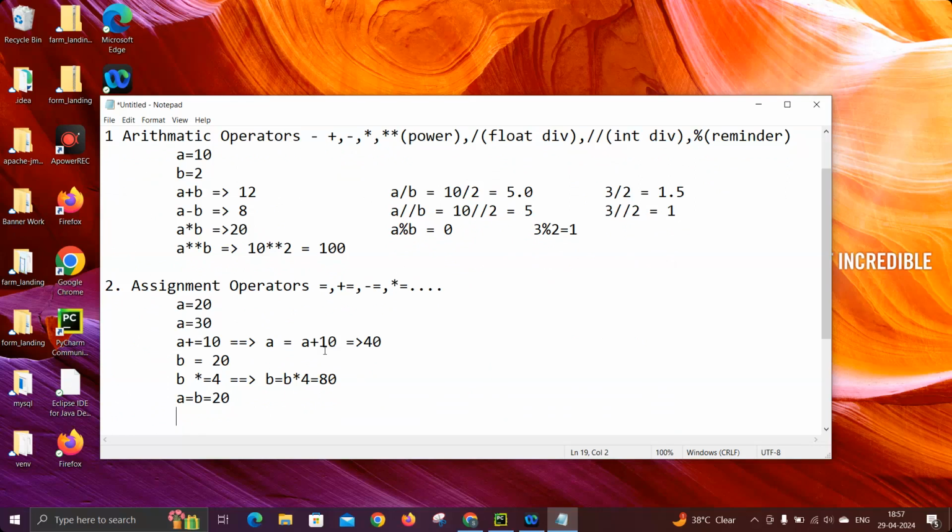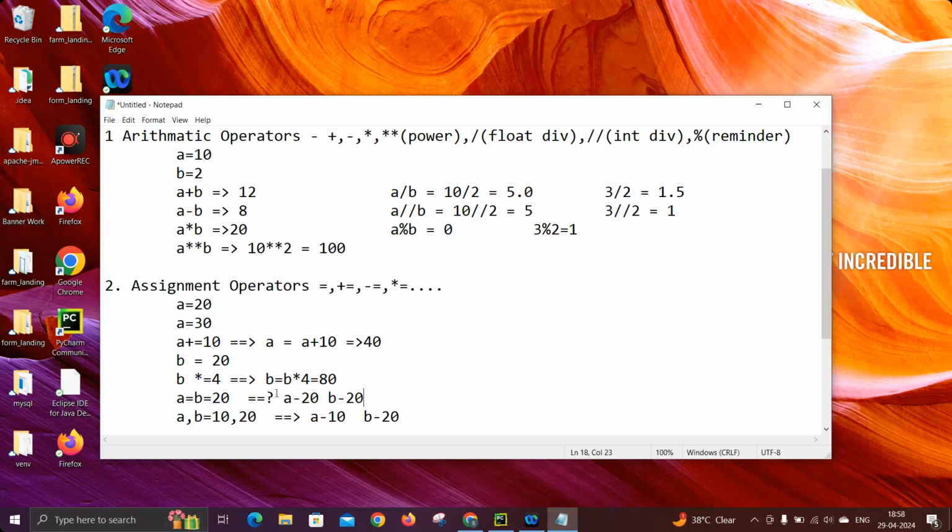Now similarly, if you want to assign different values to A and B, that possibility is also there. Let's take A, B = 10, 20. So what this line means is that the A value will be 10 and the B value will be 20. But in the first case, both A and B values will be 20.